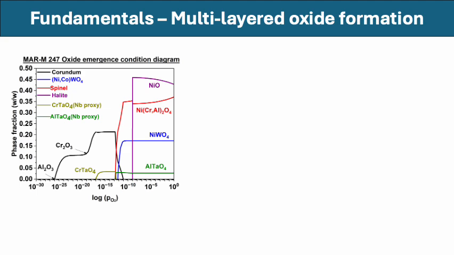So I'm going to go back to the example of this emergence condition diagram that was already shown to you. Let's assume a condition where you have this alloy at 1100 degrees Celsius. This is the alloy surface that you have.